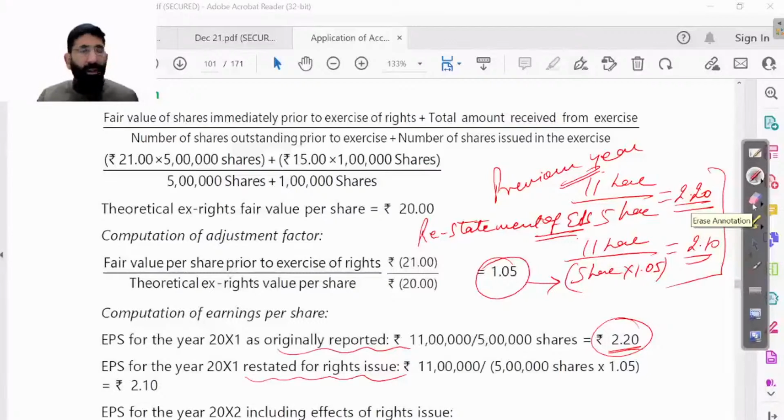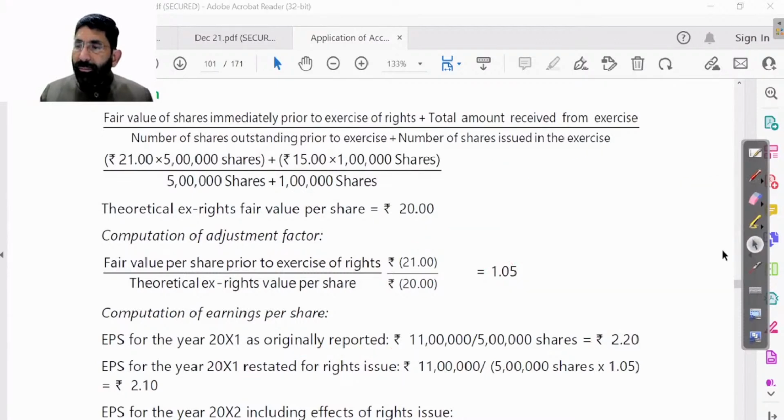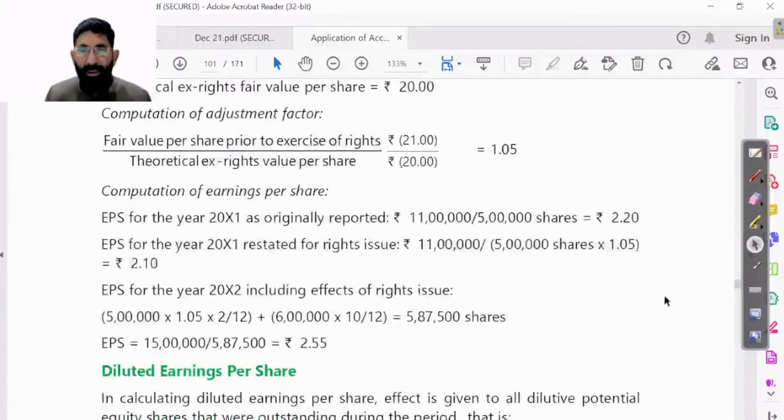Value of right, exactly. Angel has already mentioned that it is already covered in the last year. But the total concept is not covered, only the partial concept was covered, because we were calculating the theoretical X right price there only. So EPS for 2012 will be calculated accordingly now.